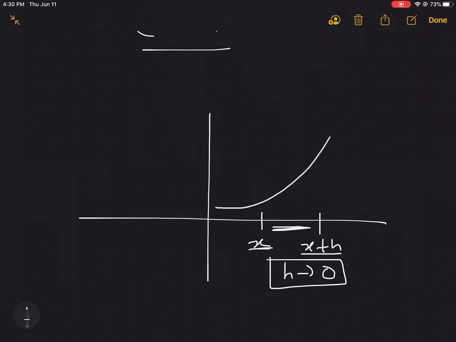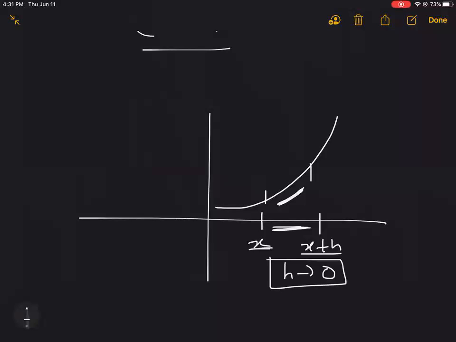So for example, if I take a really small h, as I said, it's really not this big. It's actually smaller than this. You can take it really, really small and see how your graph changes, how your curve or curvature changes. And when do we have to use it?